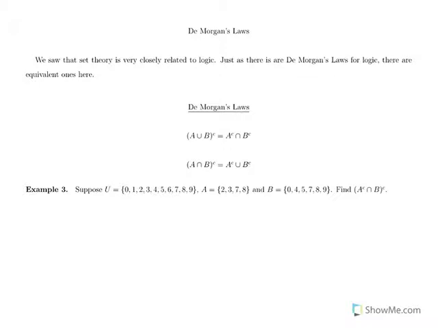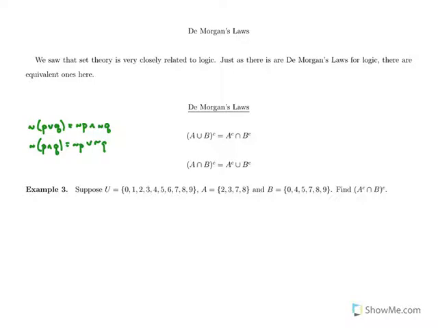So let's remember that for logic we had, if you had not P or Q, it's the same as not P and not Q. If you had not P and Q, that was the same thing as not P or not Q. We have similar things for intersection and union, and we really just replace the or with the union and the and with the intersection and the not with the complement.